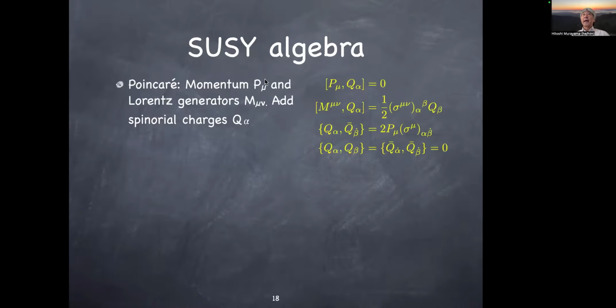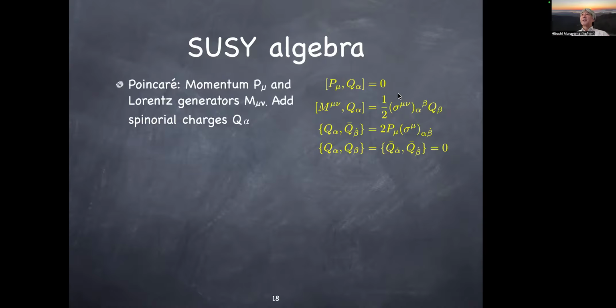We know the algebra of the Poincare symmetry, so I don't write it. But here you have the generators Q alpha, which are fermionic because they satisfy anti-commutation relations, and the index is a spinor index. So you have two components for the left-handed spinor Q, and two components for the right-handed or complex conjugate spinor Q bar. Based on the translation invariance and the Lorentz transformation property of a spinor, the first two relations are uniquely determined.